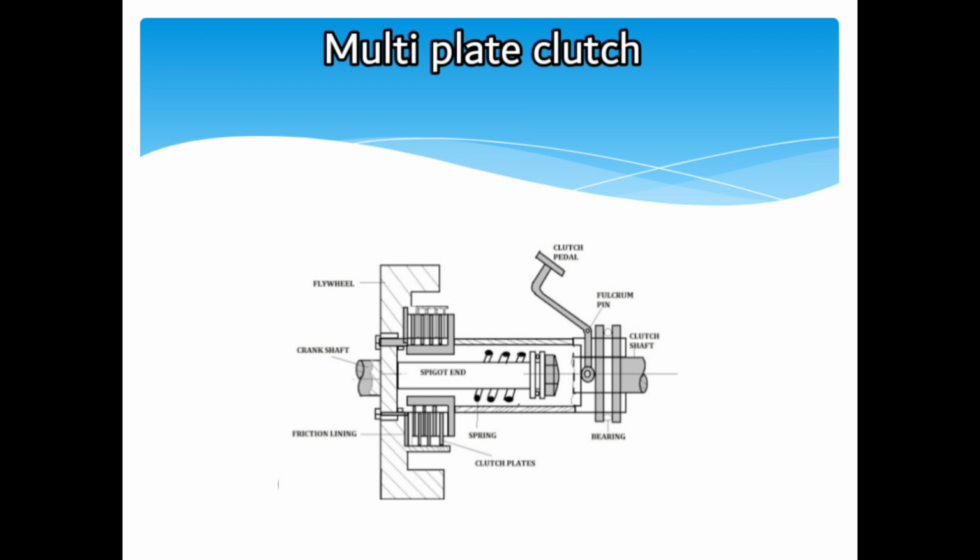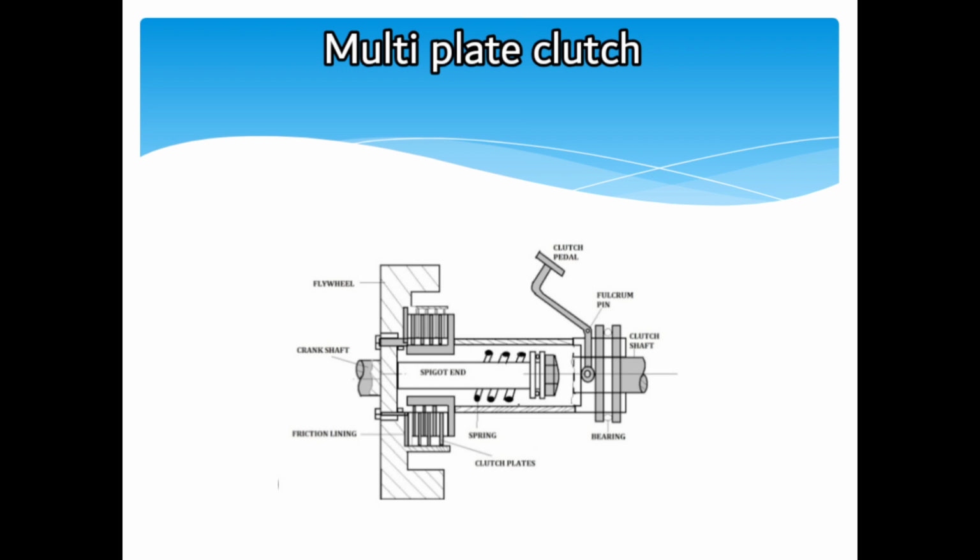The advantage of this multi-plate clutch is that it increases the amount of torque that can be transmitted and decreases the pedal effort to operate the clutch. It also decreases both the weight of the clutch and the moment of inertia of the clutch.